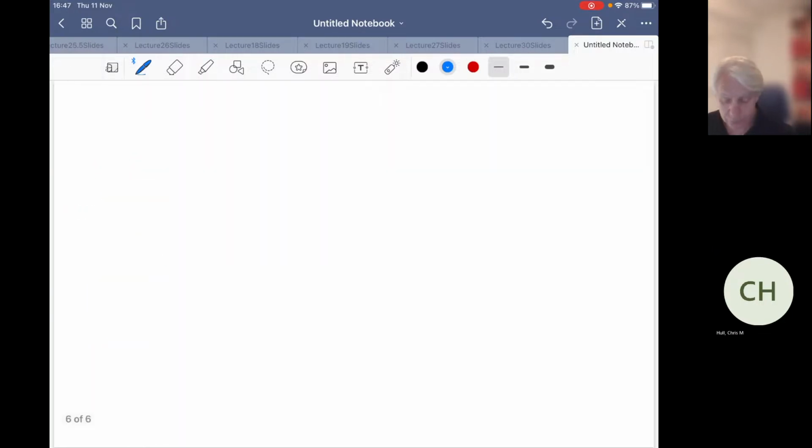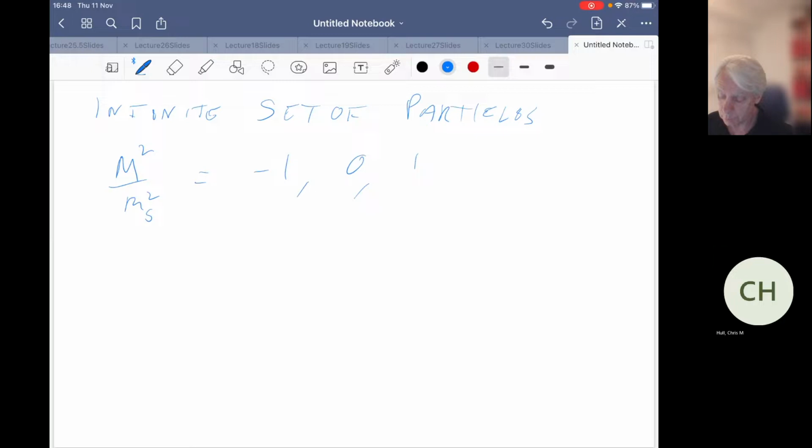If one looks at the quantization of this, the excitations of the string give rise to an infinite set of particles with masses m squared in units of the string mass squared, minus 1, 0, 1, 2, and so on.